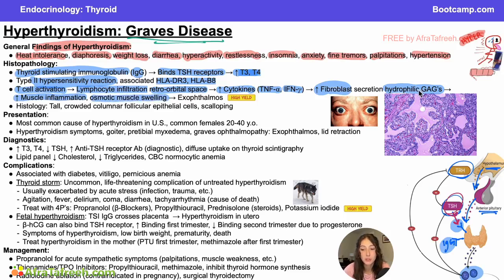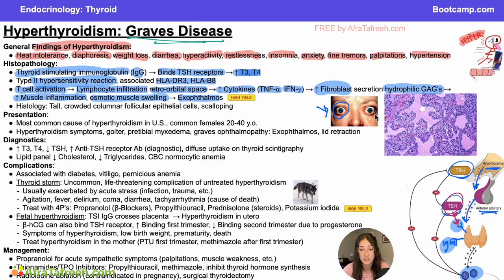So remember, I just told you that these carbohydrates love water, so they're going to suck up a bunch of water and pull a bunch of water into that space behind your eyeball, causing the muscle to swell. This is going to lead to something called exophthalmos. And if you look over here, you can see a great example of exophthalmos. Exophthalmos is when there is swelling behind the eyeball, this swelling from the water being pulled in and from the muscle inflammation. So there's less room in that orbital cavity, and that causes your eyes to protrude forwards.